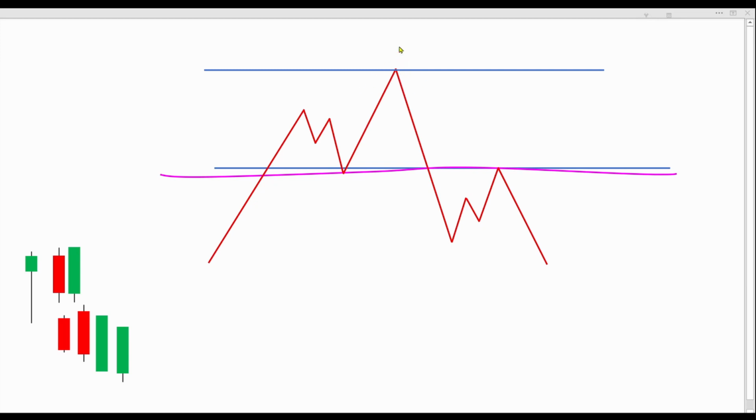So we want to look for the confluence of other indicators, as I use them, because pure price action traders will only use the candlesticks and nothing more.